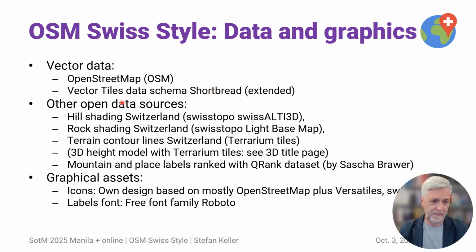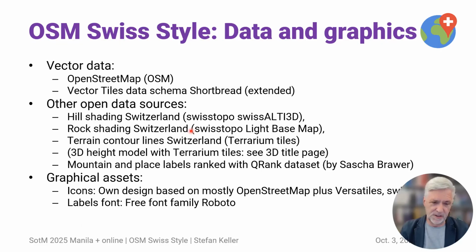Then we are using other open data sources like the famous hill shading from Switzerland, which gives that 3D effect when looking from above. This is originally based on the Swiss Topo Alti3D product. And then we also took the rock shading from the Swiss Topo Light Base Map, which is also open data, but which limits that thing to the border of Switzerland.